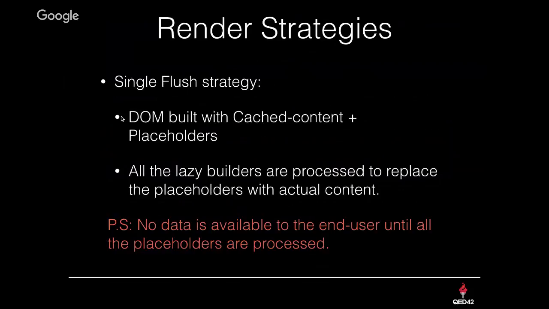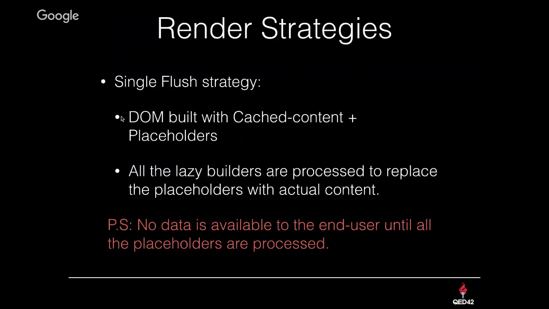So even though the cached content is ready to be served to the end users, nothing is actually visible to the end user until all of the placeholders are processed correctly. This is the single flush strategy on which Drupal core works.